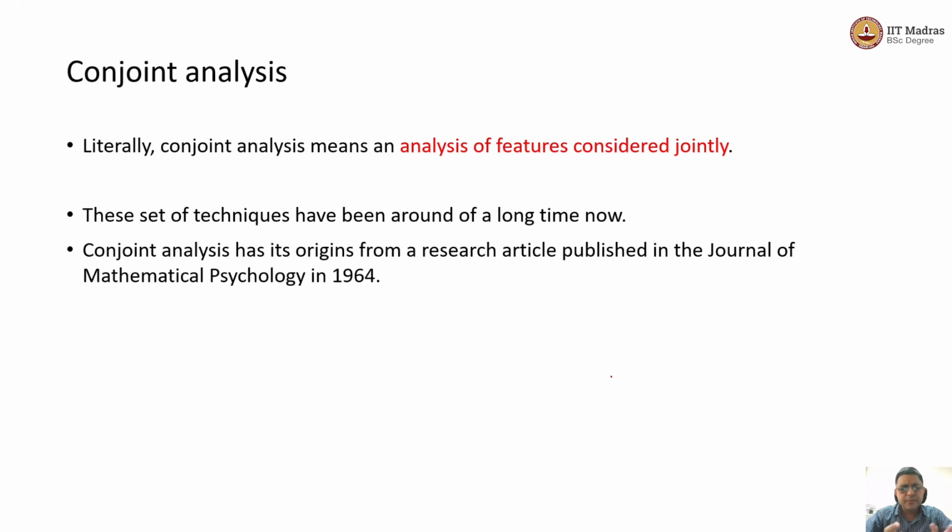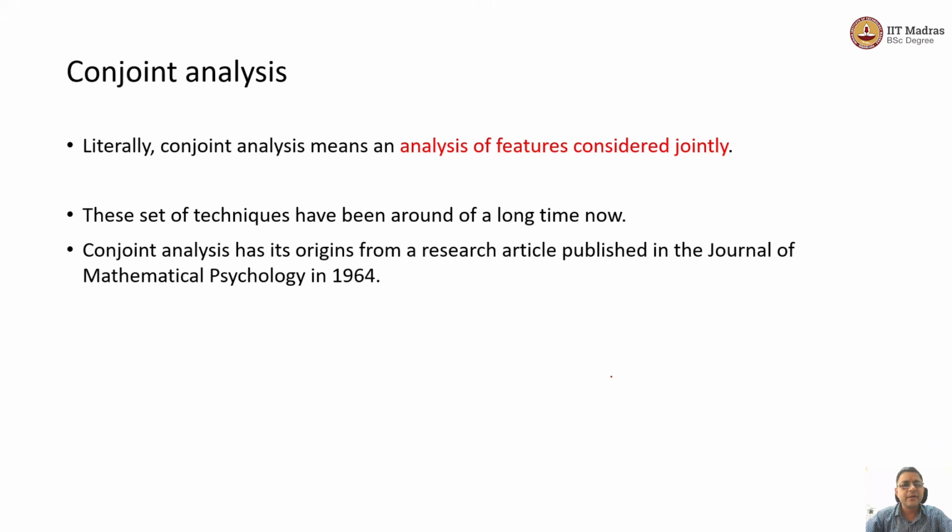So this conjoint analysis is a set of techniques that has its origin way back, more than 50 years ago, almost 60 years ago now. And very aptly, it comes from the field of mathematical psychology, right? Professor Paul Green at Wharton is credited with developing conjoint analysis.